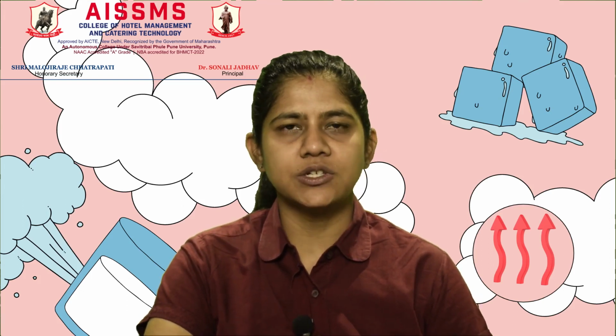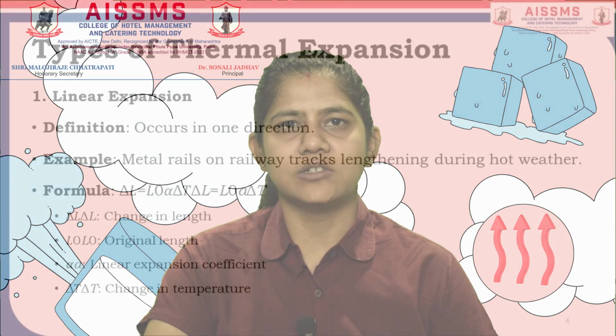Now, let's understand the types of thermal expansion. There are three main types of thermal expansion: linear expansion, area expansion and volumetric expansion. Let's take a look one by one. Linear expansion.